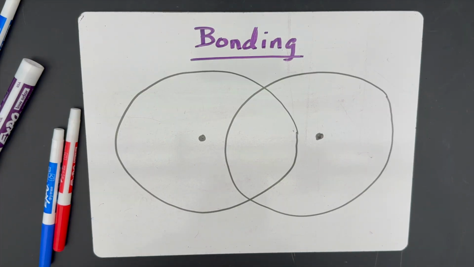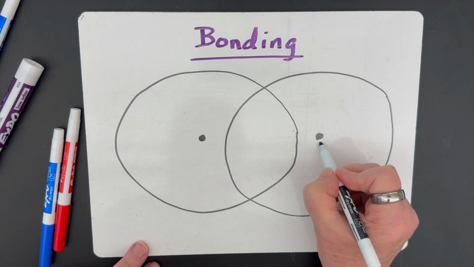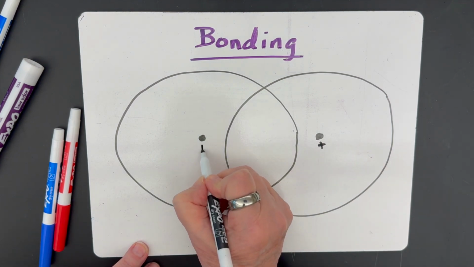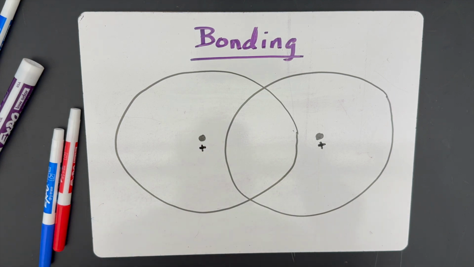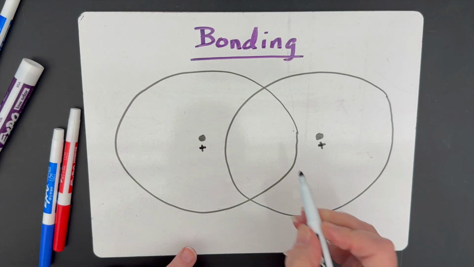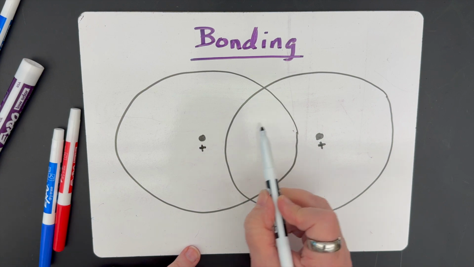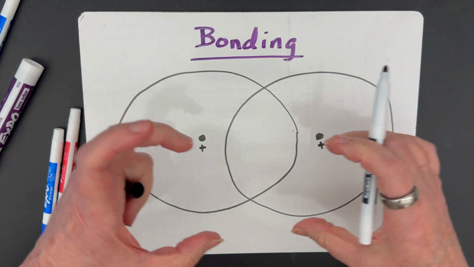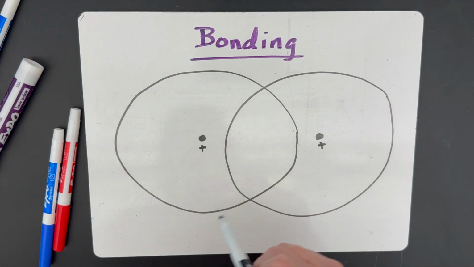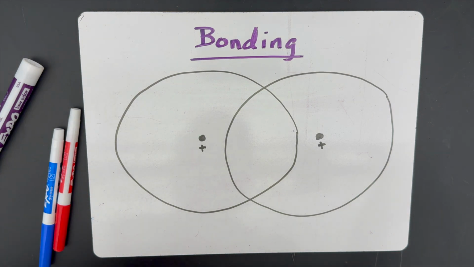As the atoms come close to each other, here are the nuclei, which have a positive charge, some number of positives depending on the number of protons. And in the middle here is where these outside shells can overlap. Each of these atoms puts an electron into this shared space.